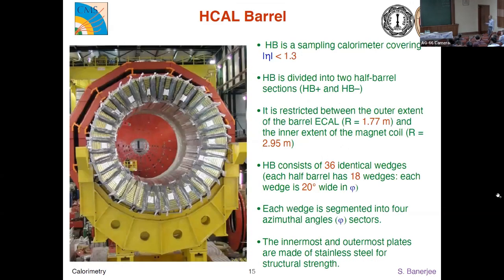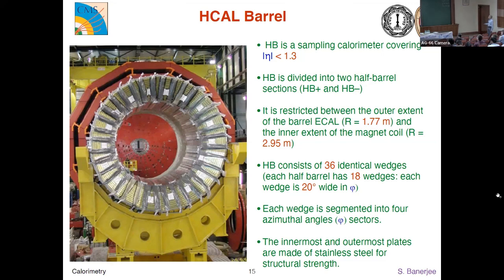The barrel hadron calorimeter, as I said, these are all sampling calorimeters. This covers eta less than 1.3, and it is divided into two halves, called HB plus and HB minus.